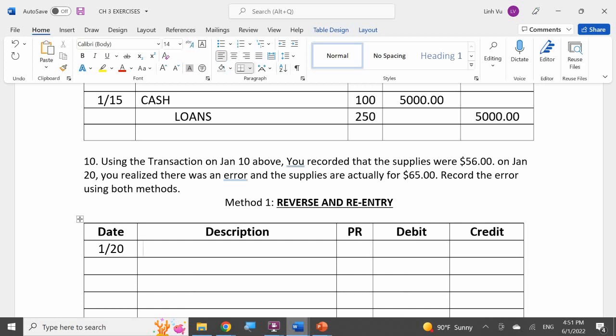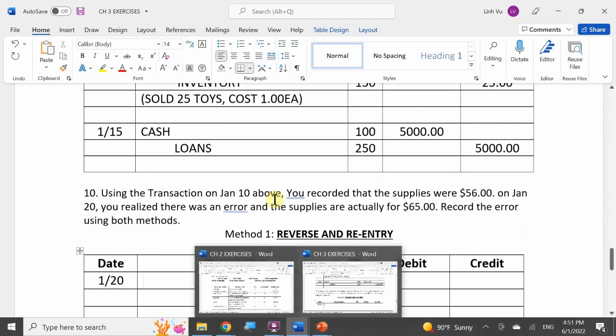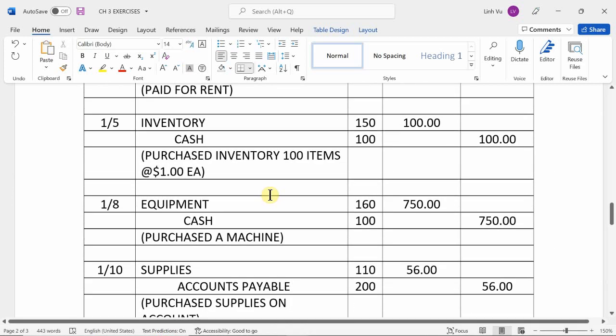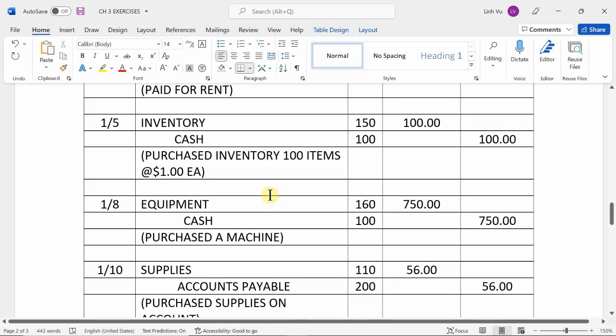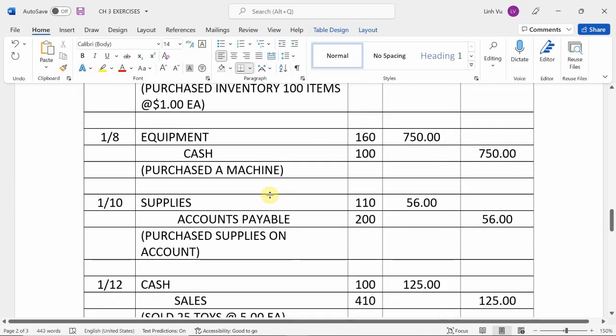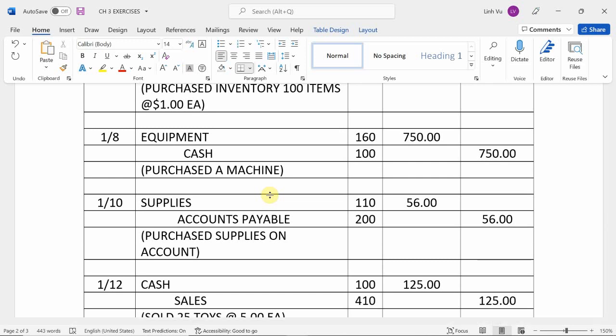The first one I want you to practice is the reverse and reentry. If I purchased my supplies on account, how do I reverse this? We have to undo the transaction that we did on that paper. We didn't pay with cash.